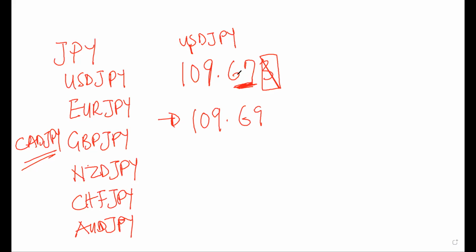Okay. A 2 pip move to the downside will be what? 0.65. So you can put the 3, okay, 109.65. To the upside, 109.69. So let's talk about, say, a 12 pip move to the upside. This is the original price, 109.67.